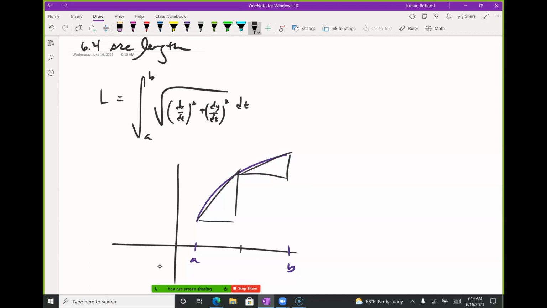The two hypotenuses added up are even closer to the length of the arc. I'm going to keep splitting it into partitions, calculating the lengths of the hypotenuses and adding them up. So when I derive it, you'll see that's the process I'm going to do.